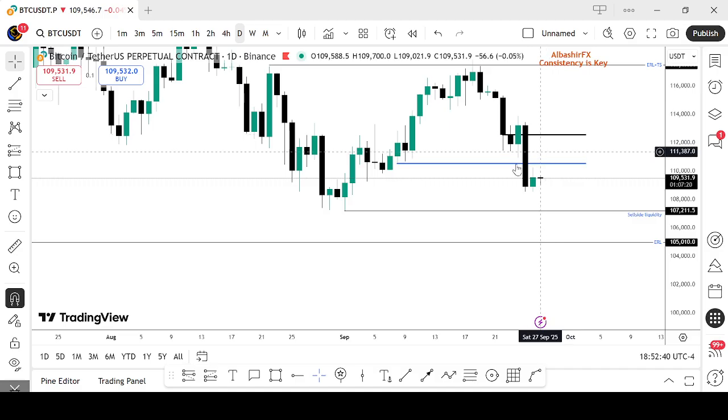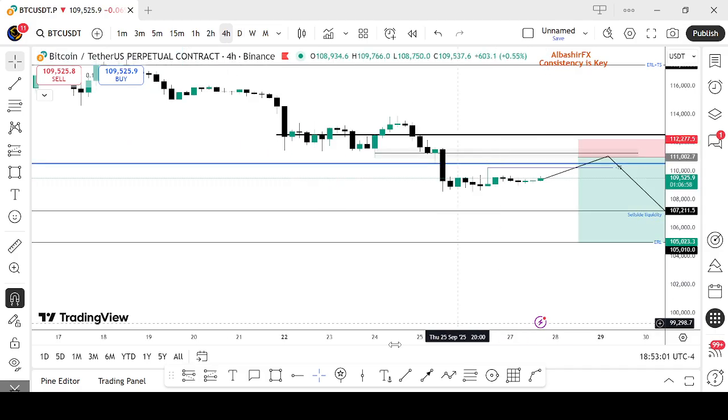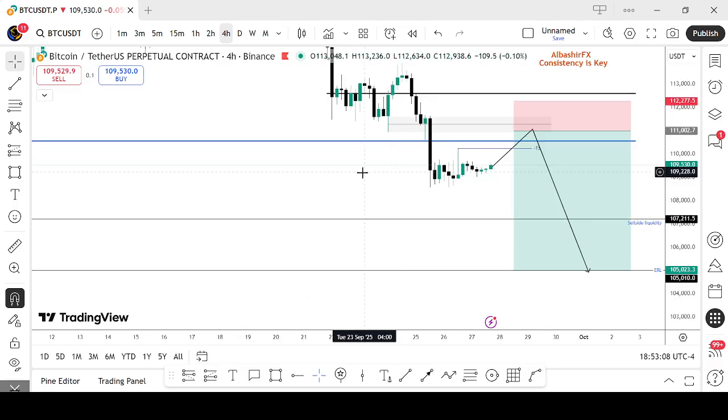Now the daily key level already supports. Now we want to refine this key level into a lower time frame key level that is going to support it and give us more concrete levels that price is going to react from and go lower. So we go to the 4 hourly time frame, and this is what I have here on the 4 hourly time frame. Now I am using a candle week.